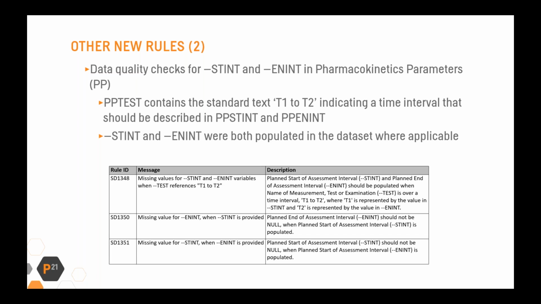And when it describes a time interval, it's described in NCI controlled terminology as T1 to T2, where T1 is the start of the interval and T2 is the end of the interval. And then that interval is supposed to be represented in the start time of assessment interval and end time of assessment interval variables in the PP domain.